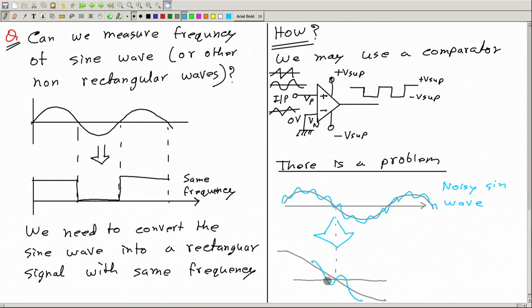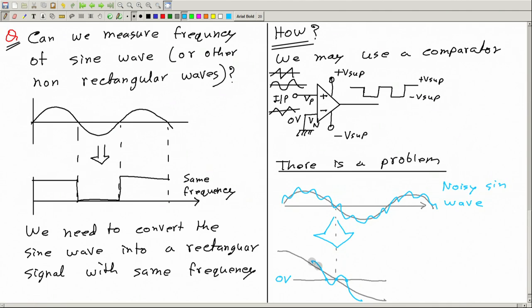So what do we observe? This is the actual wave, the blue one, and it is crossing the level 0. So this is 0 volt. This line is the 0 volt line. This is crossing the 0 volt line a couple of times, here once, then here, then here.